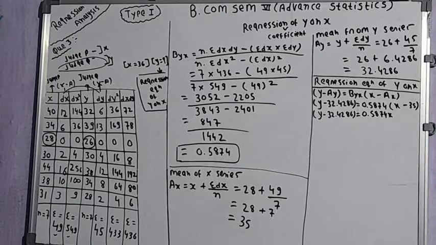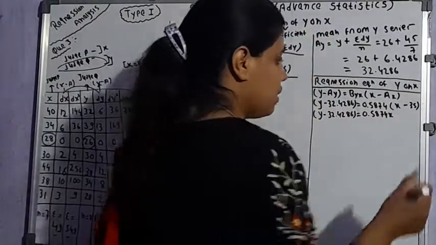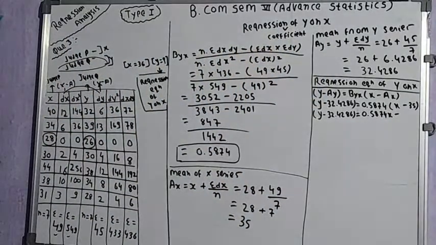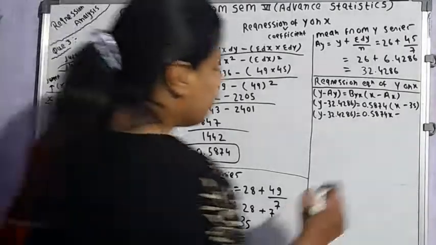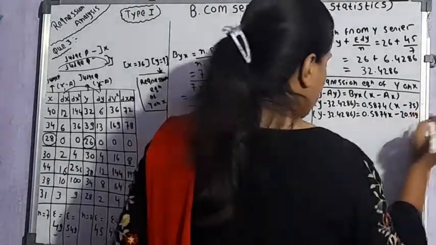Plus into minus would be minus, so the answer would be in minus. 0.5874 into minus 35 comes to minus 20.559. So we have written it down over there.